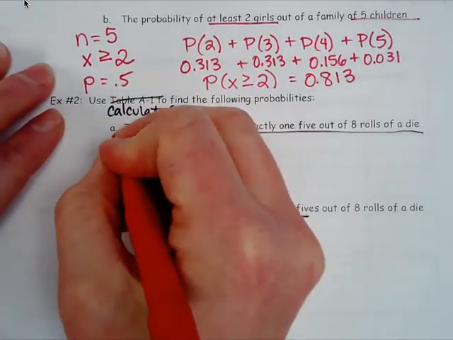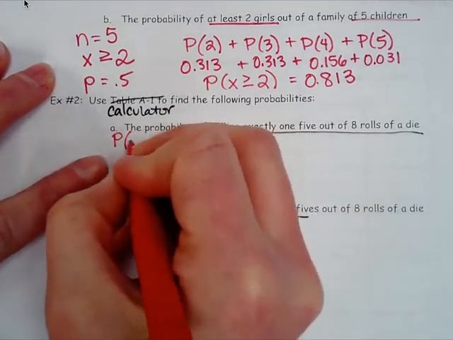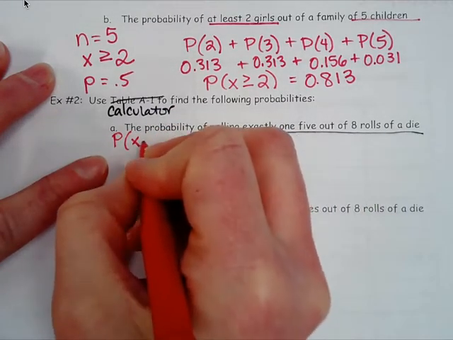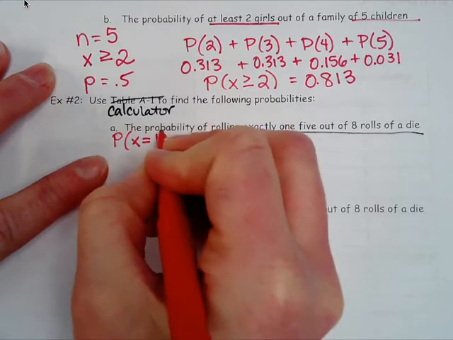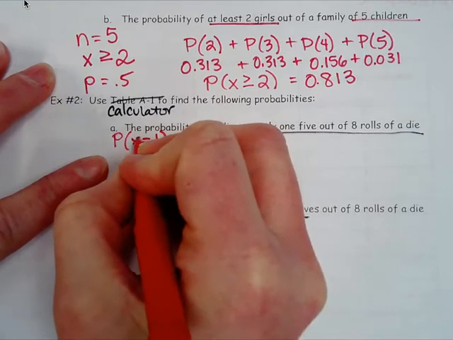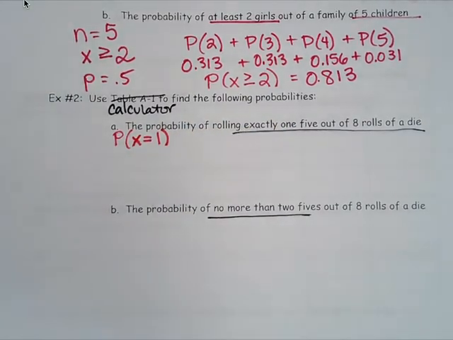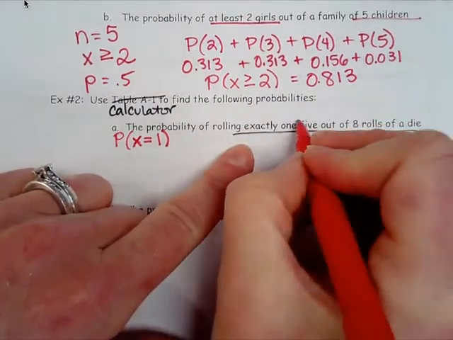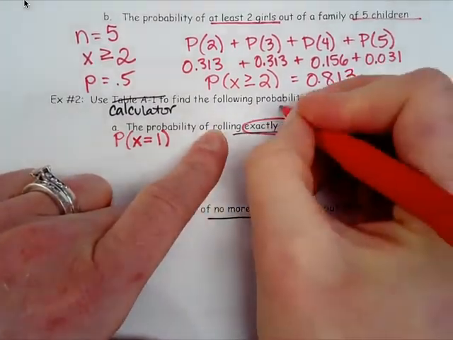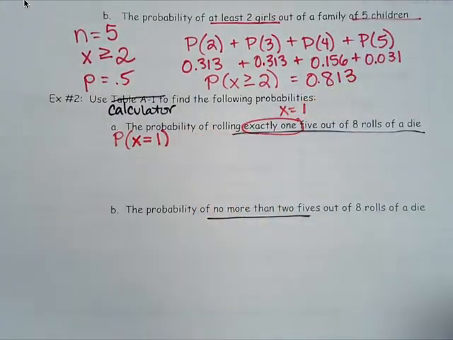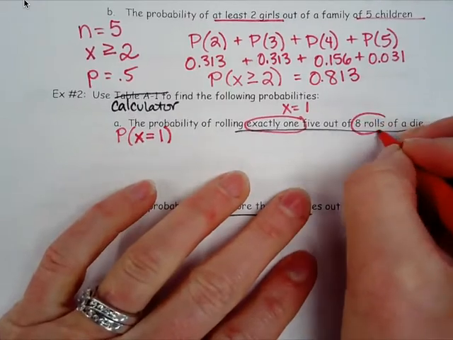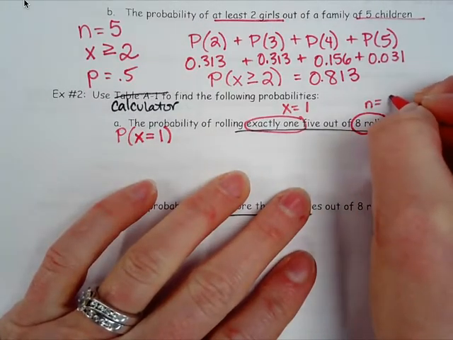So find the probability of rolling exactly 1 5 out of the 8 rolls. So this is what we want, exactly 1. So X is 1. And then 8 rolls, that is your number of trials.